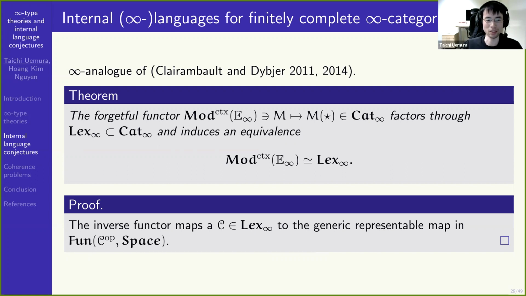Given finitely complete infinity categories, we take the generic representable map in this presheaf infinity category. Then this is part of contextual models of E infinity. And yeah, we are done. It might be worth noting that the proof is more straightforward than the one in the 1-categorical case of Clairambault and Dybjer, because in the infinity categorical setting, we don't have to deal with any coherence problem.